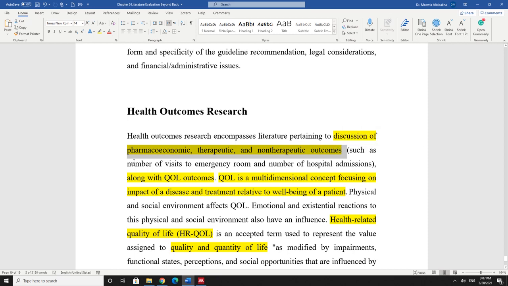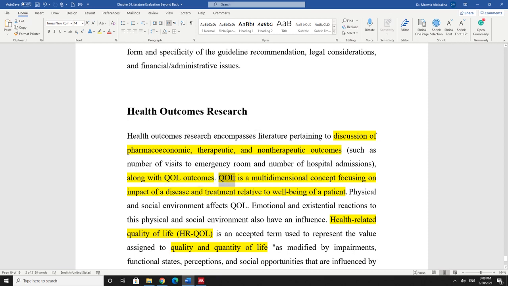Non-therapeutic outcomes are the number of visits to the emergency room or number of hospital admissions. So the study of these with quality of life outcomes, then this is health outcomes research.